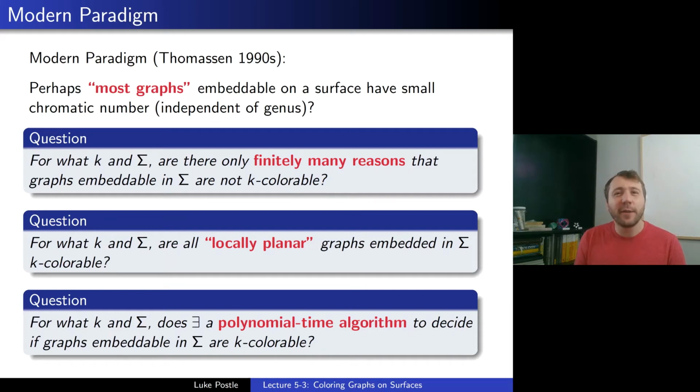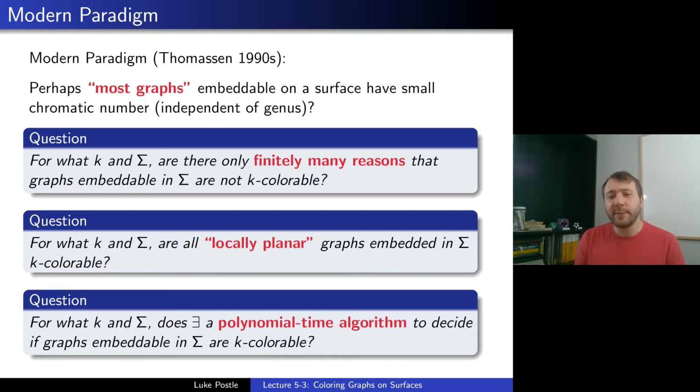For the plane, there is a polynomial time algorithm to decide 4-colorability. The answer is just yes for all graphs by the four-color theorem. And so via Haywood, that would also be true, of course, for large enough k, but maybe we can make that k independent of the genus. So three nice approaches.